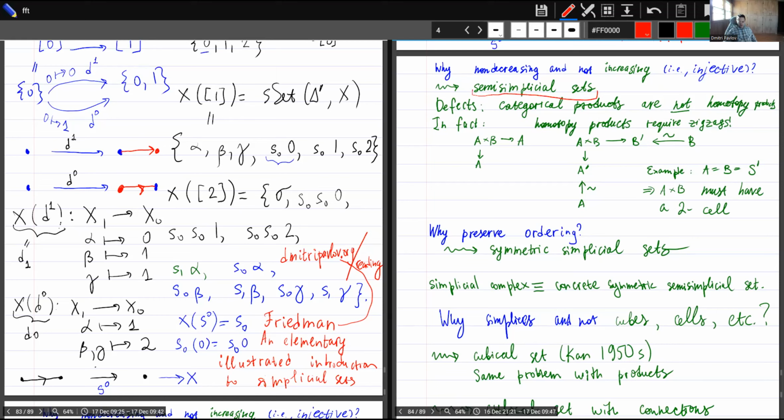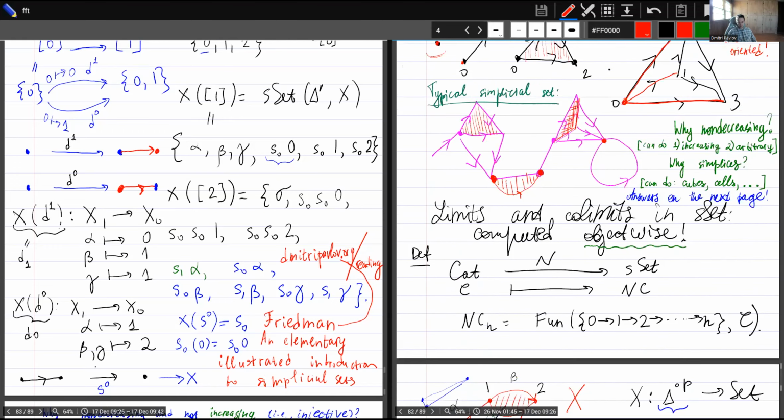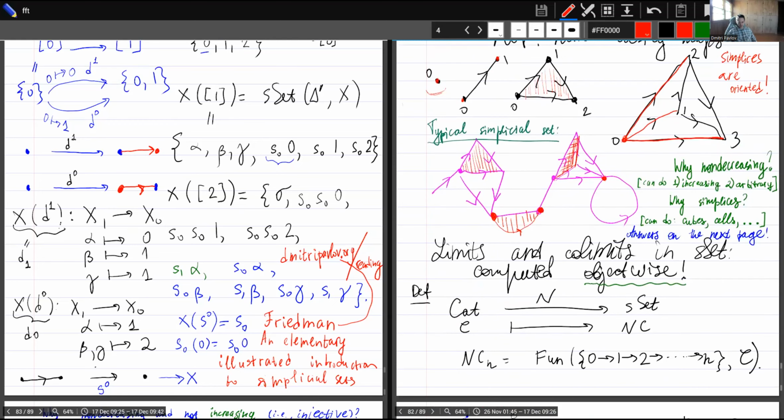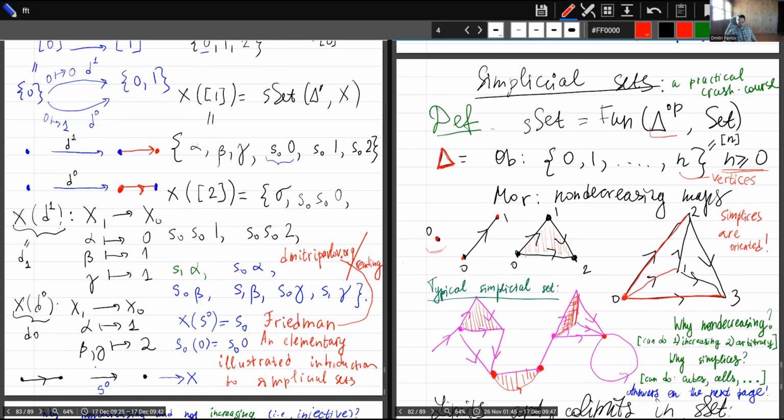Perhaps their main defect is, and I should have probably mentioned it a bit earlier, that for simplicial sets, limits and colimits are computed object-wise. As you may know, limits and colimits in a functor category are computed object-wise. If you want to compute the limit or the colimit of a diagram of simplicial sets, you interpret it as a limit or colimit of a diagram of contravariant functors from delta op to sets.